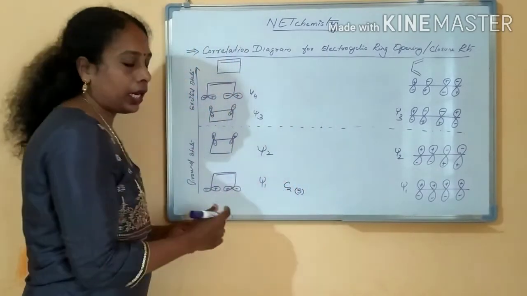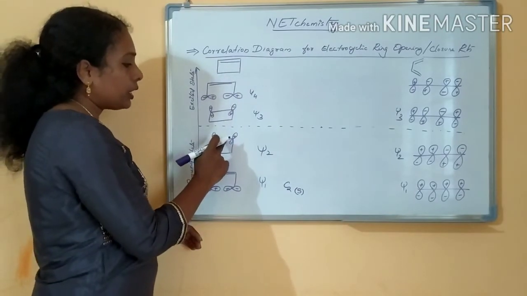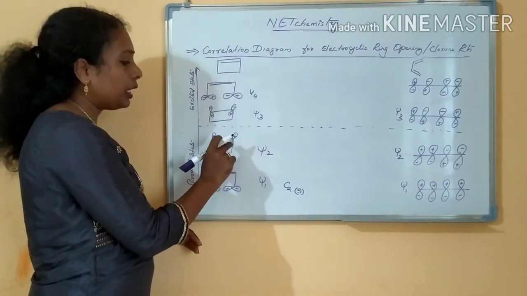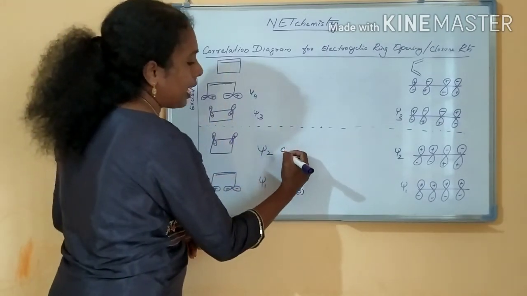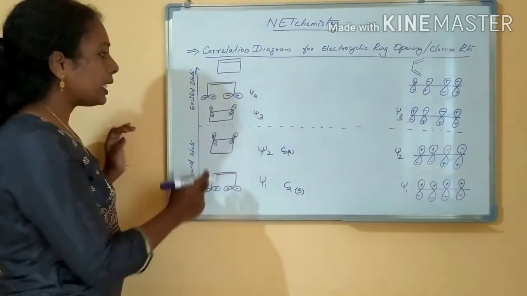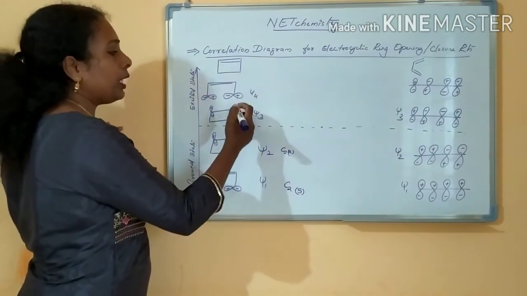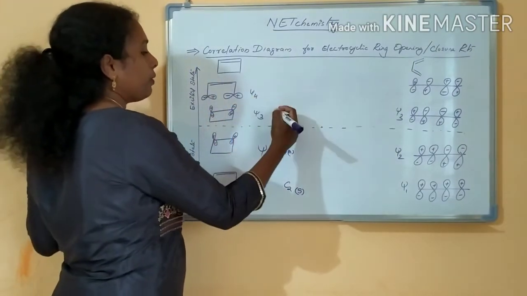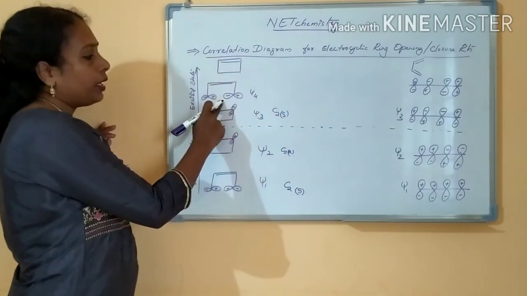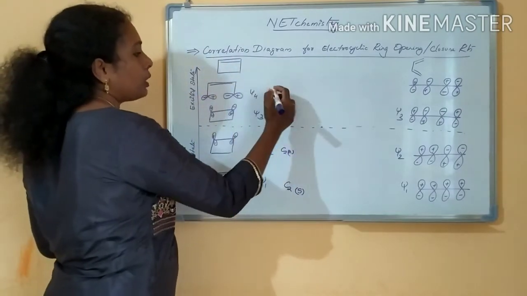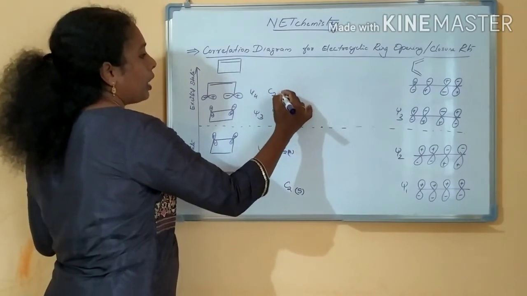If it is rotating, also positive and negative. So C2 is symmetric, right? Here, if I am taking a rotation, positive will come down and negative will go up, so C2 is anti-symmetric. In the same way, psi3, when rotating, negative will come down and positive will go up, C2 is symmetric. And here, C2 is anti-symmetric.